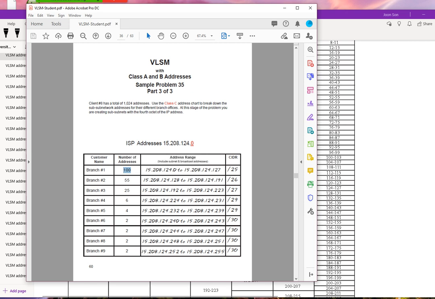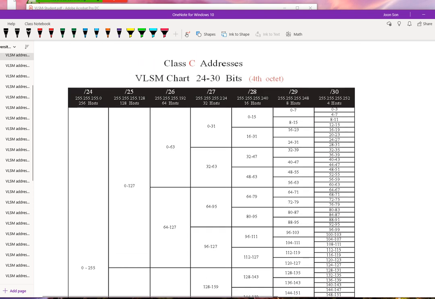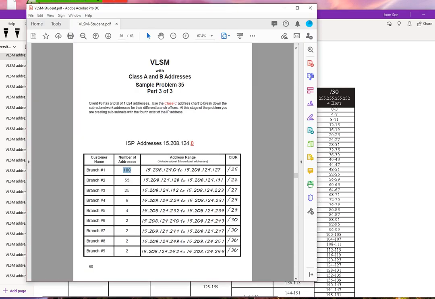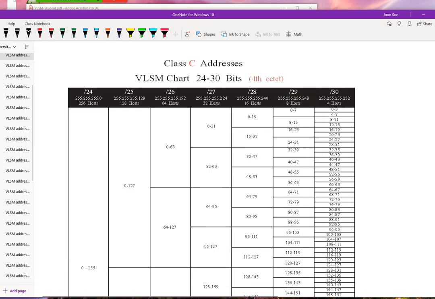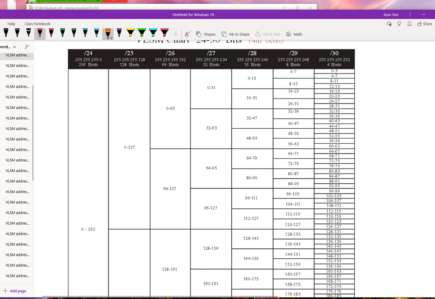By looking at this number of addresses, this requirement, we know that we have to use a class C chart. So /24 is 256, /25 is 128 hosts, and with /26, the network can hold up to 64. So I think the /25 is the right size, with 128 hosts, 0 to 127.